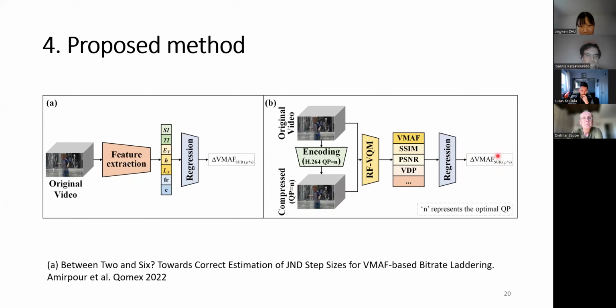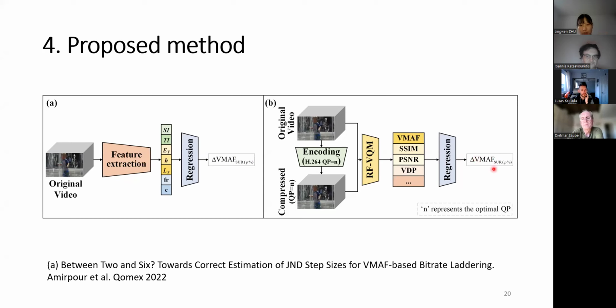Why this happens is because we are using VMAF to predict the VMAF. We picked QP28, so we have this information on how VMAF performs based on this video content, and the VMAF score includes the information of how this video performs under compression, and then we try to predict the delta VMAF.